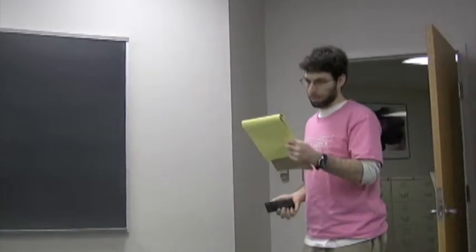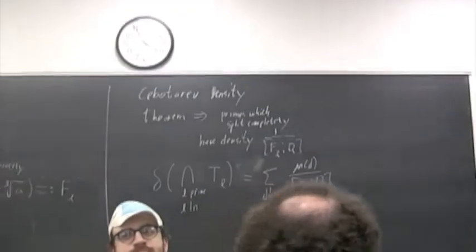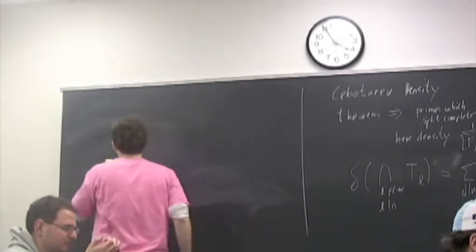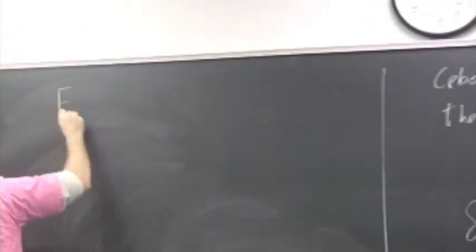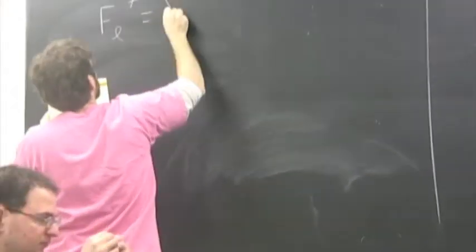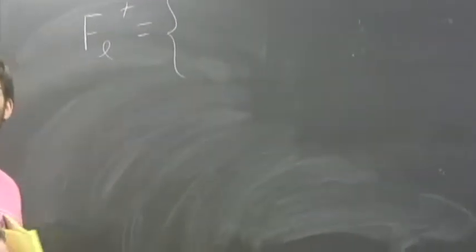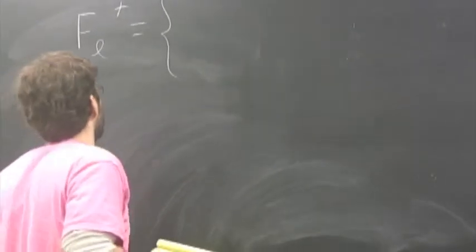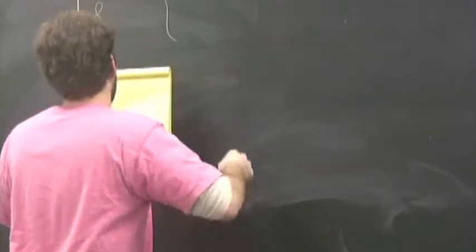The idea is, simply and without proof, to write down what these extensions are so that you can see them. These FLs encode whether or not a prime is in SL or not.